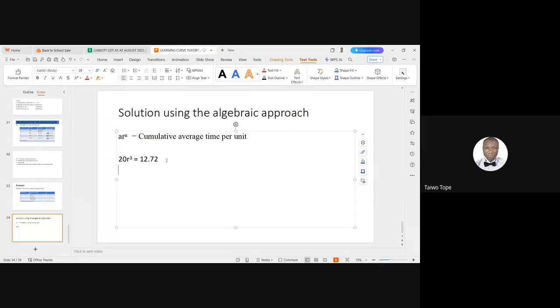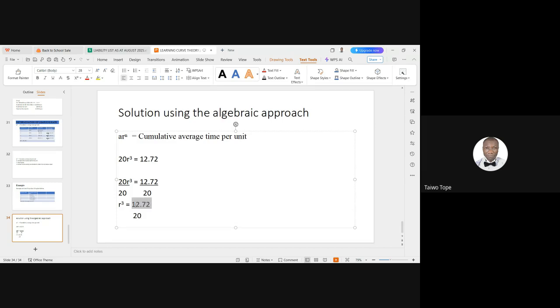When you divide this side by 20, and also divide the other side by 20, you're going to have R cubed divided by 20.